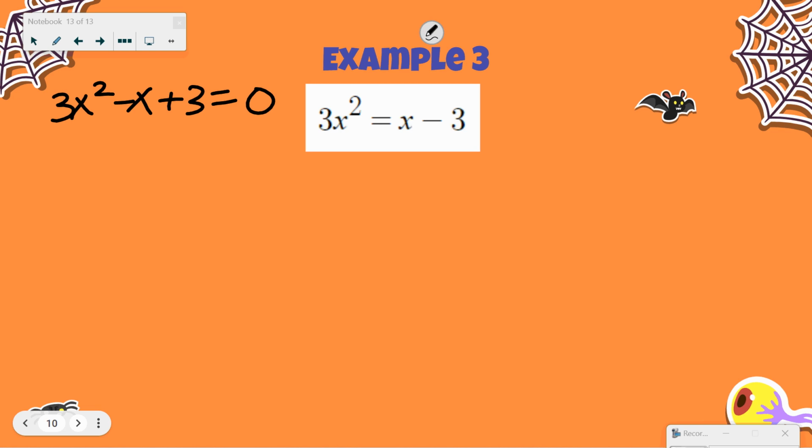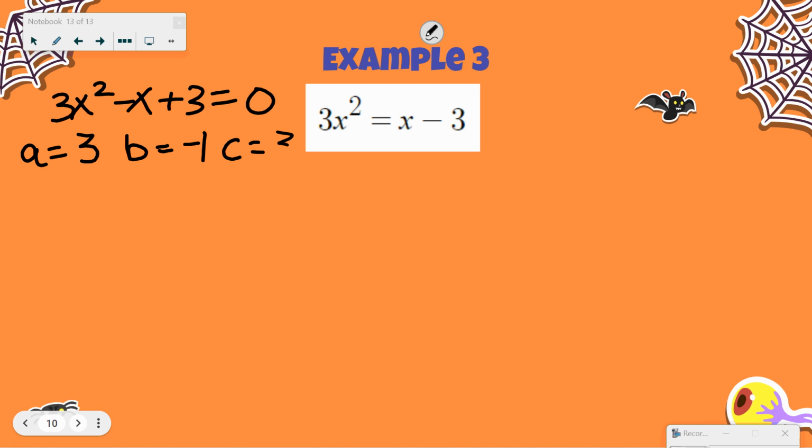But if you like to do a little less instead, and you move your 3x squared to the other side, that's okay. You're still going to get the same solution in the end, but maybe your a, b, and c values might look a little different. So what's our a here? 3. What's b? Yes, and what is c?